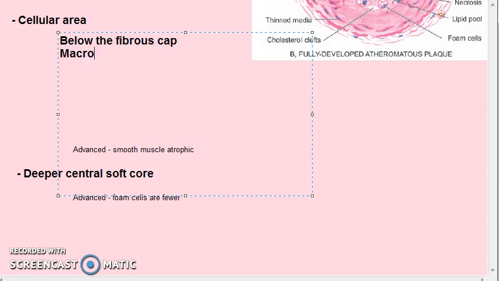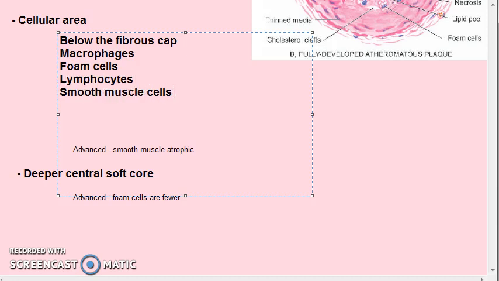It has macrophages, foam cells, lymphocytes, and few smooth muscle cells which may contain lipid. This is the feature of the cellular area.